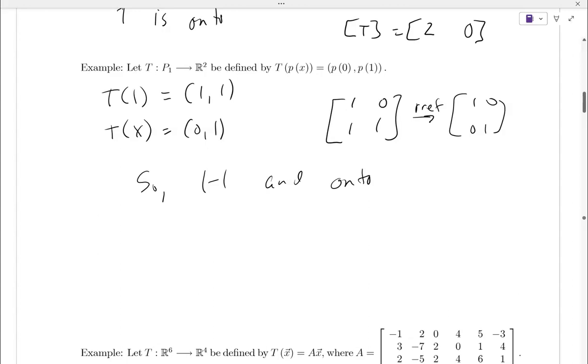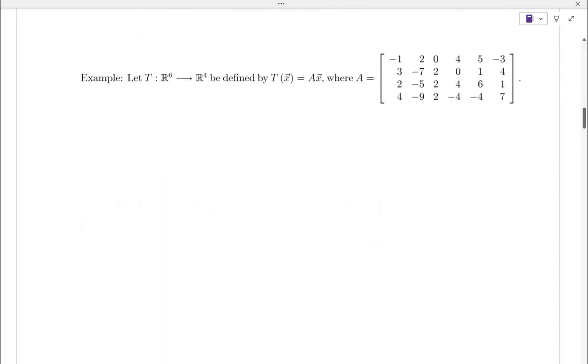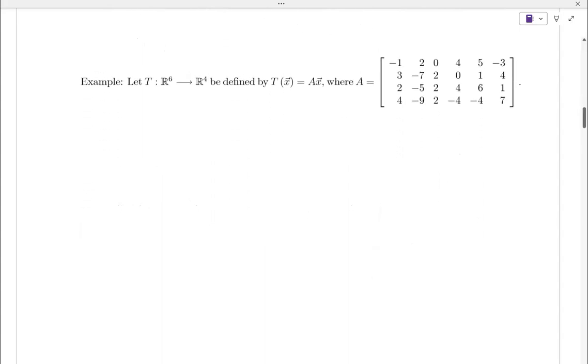Notice when I formed the matrix there, I assumed I had the standard basis for R2. I thought I had those coordinates, right? The coordinates of 1, 1 are 1, 1. I need to type this matrix in and row reduce it to get both answers. But you should be able to tell me one answer for sure.